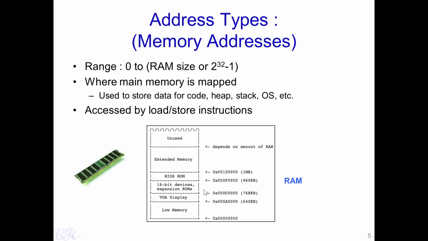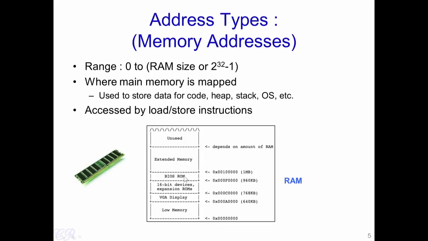Now, what is important for us and what we still use in the present Intel systems that we use for our desktops and laptops is this particular region from 960 KB to 1 MB. This was where the BIOS resides.